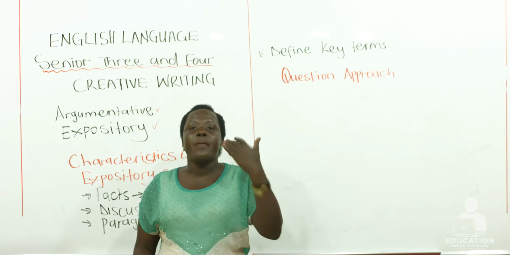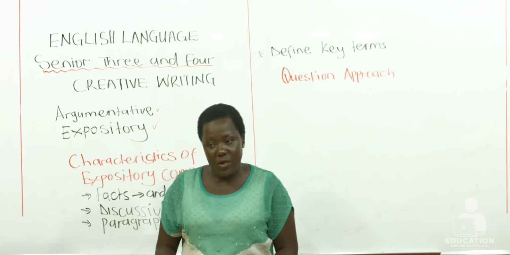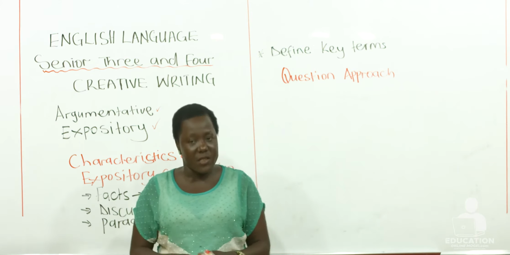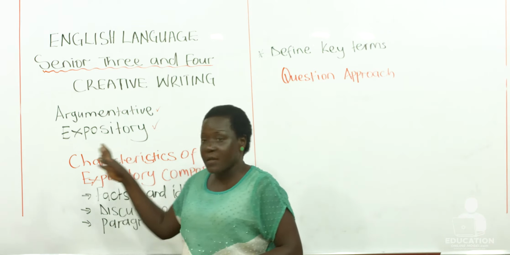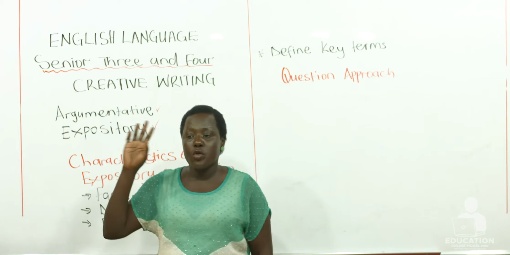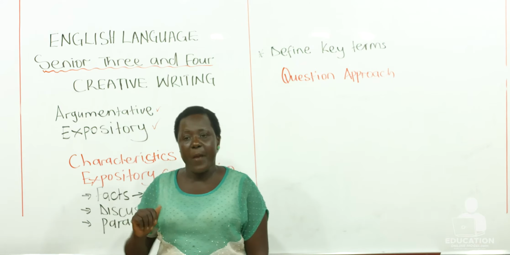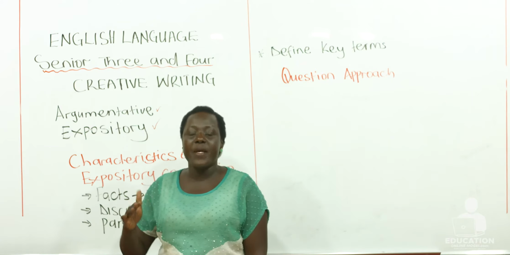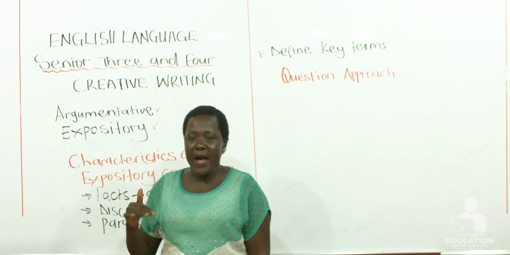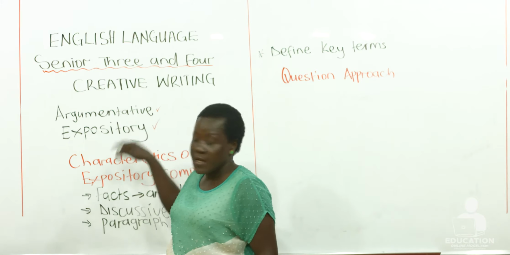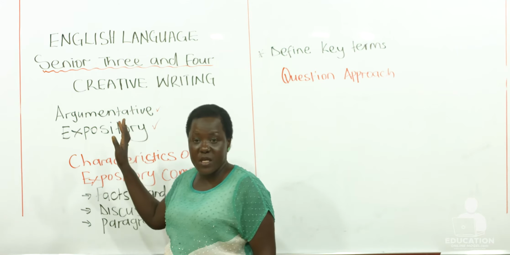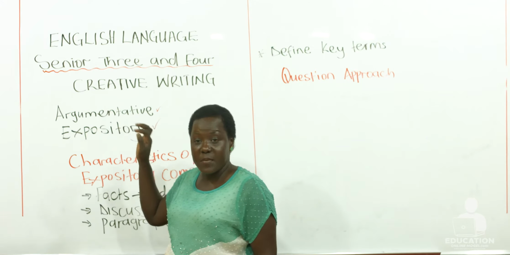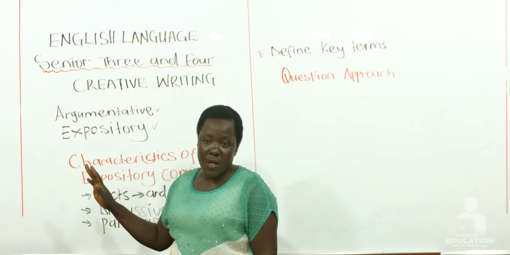You will even be able to identify, first of all, the question from the many questions given. So after this lesson of creative writing, I will want you to get a standard paper of Senior 4. You begin to read and identify, is this question expository? Is it argumentative? Is it narrative, descriptive, or is it imaginative composition?